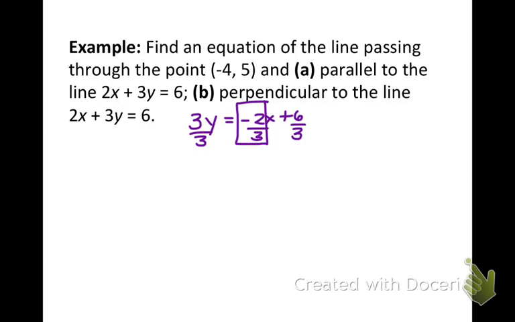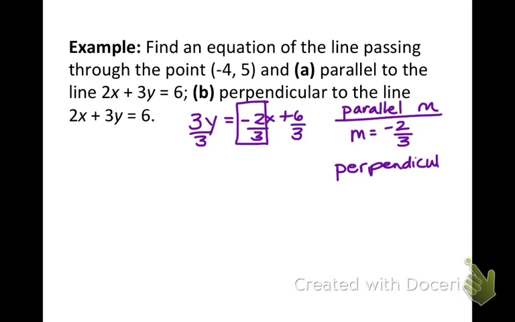So that means my parallel slope should be what number? Negative 2/3. Good. What should be your perpendicular? 3 over 2. Good. So my perpendicular slope should be 3/2.